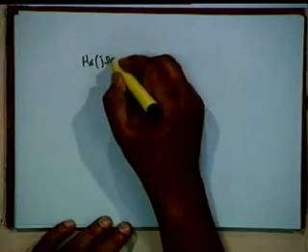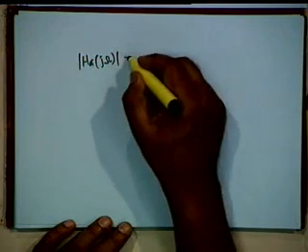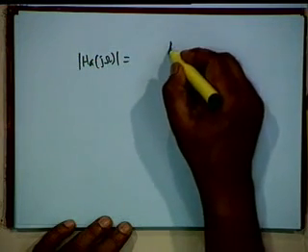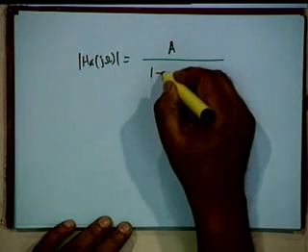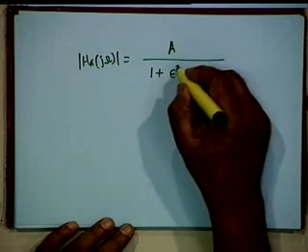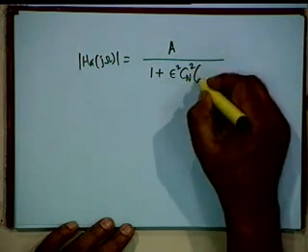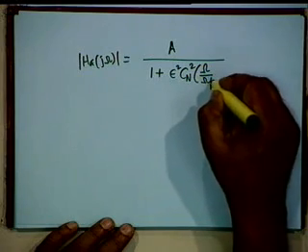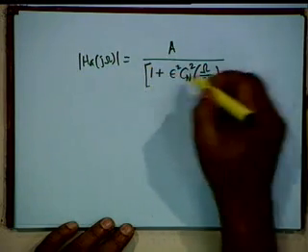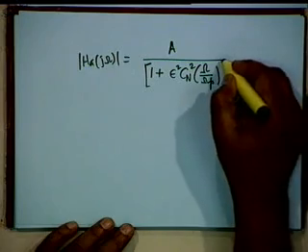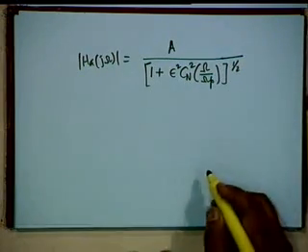And therefore, if we consider the transfer function, that is the magnitude of H_a(j omega) equal to capital A divided by the square root of 1 plus epsilon squared C_n squared of omega by omega p.